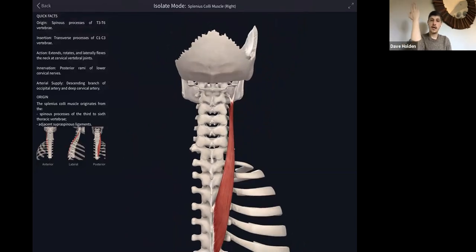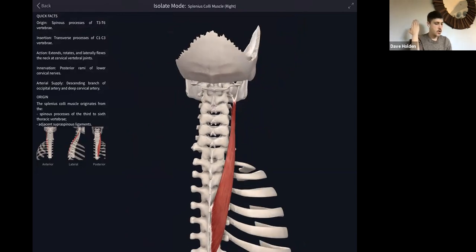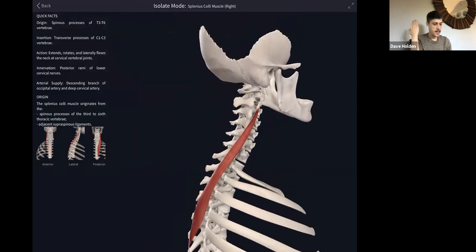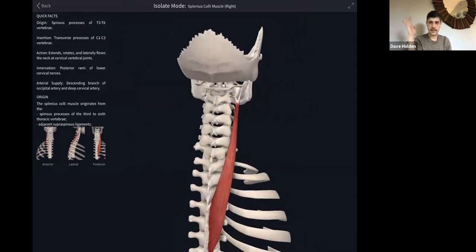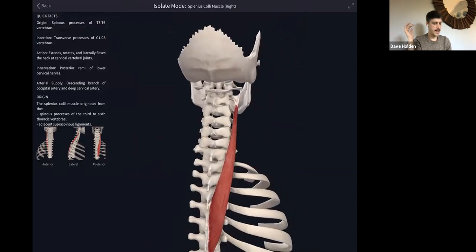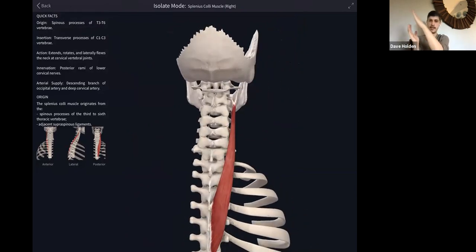Because the muscle crosses posterior side, that tells me extension. We also see it inserts on the lateral side on the transverse processes. So that's cluing me in. It's going to be a lateral flexor. And when you look at the muscle, it looks like it runs at an angle. Muscles that run at an angle will tend to rotate something. So that muscle is going to cause ipsilateral rotation.